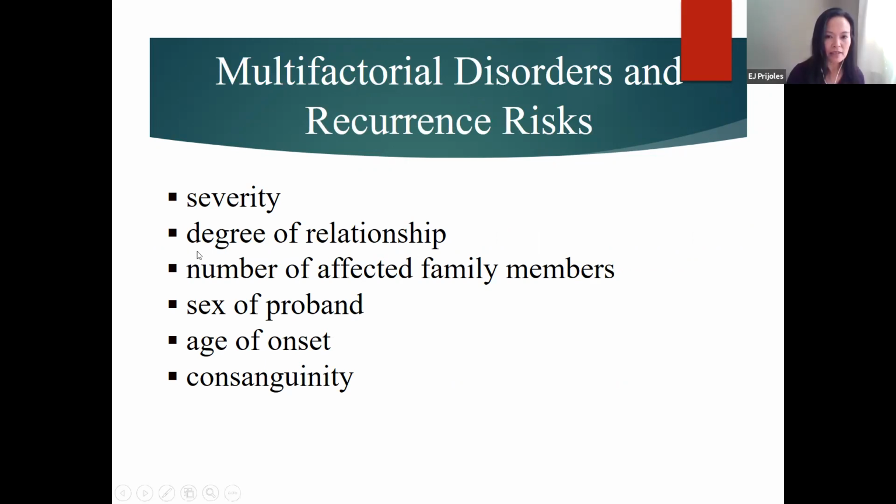The things that might contribute to the recurrence risk numbers might include the severity of a condition, the degree of relationship of which family members are affected, the number of affected family members, whether that individual is male or female, the age of onset, and if there's history of consanguinity in the family.